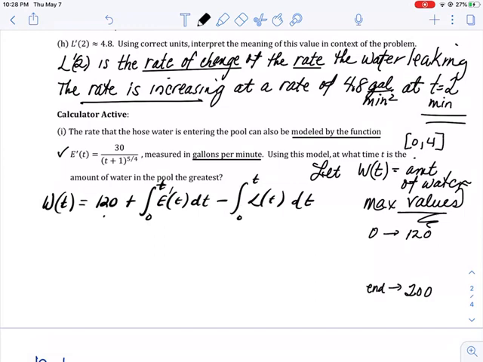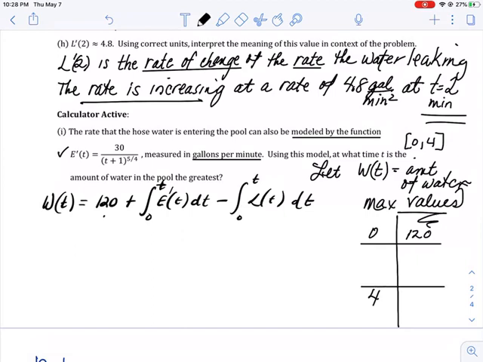So we're going to say, well, when do we find a max? We know at time t equals 0 it's a certain amount, and at time t equals 4 we can find the value. So we're going to make a little table. And we have our endpoints here.